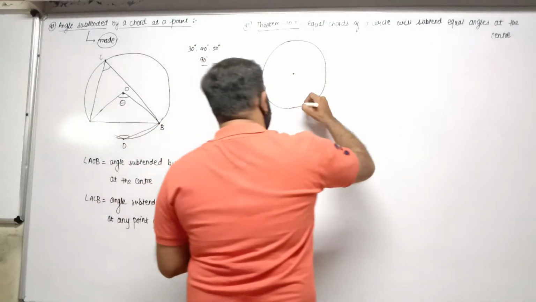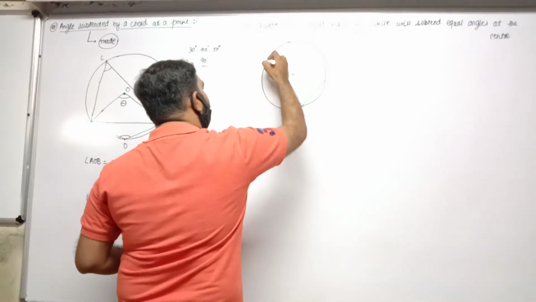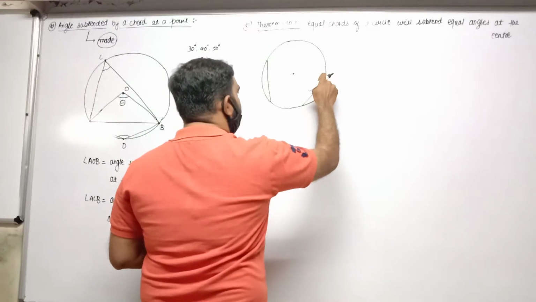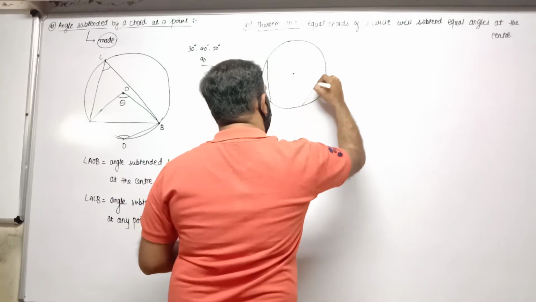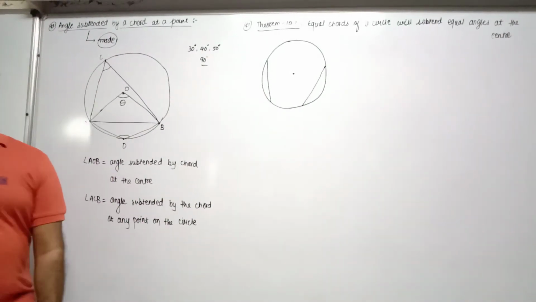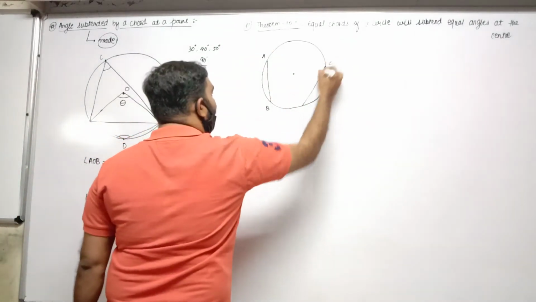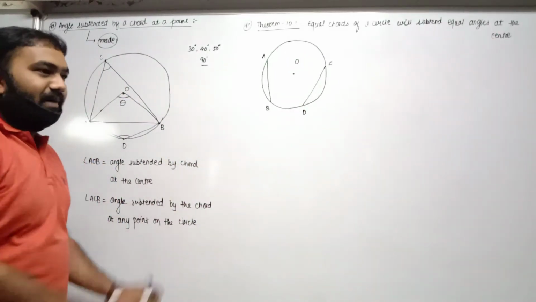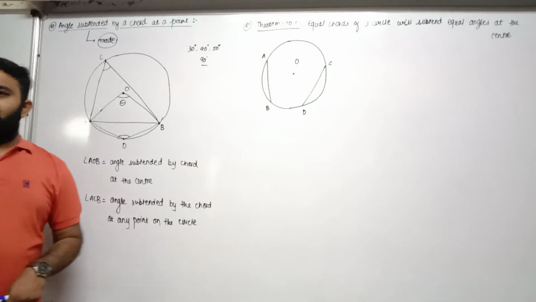Right? Suppose this is one chord and the other one is like this. Let us say we have two chords like this here, chord AB and chord CD. This is the center. I am marking it at some distance because I need to draw the lines here.